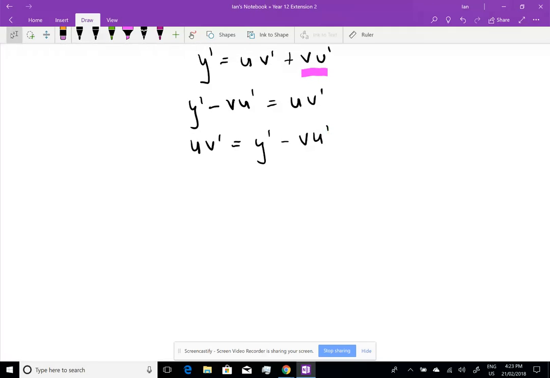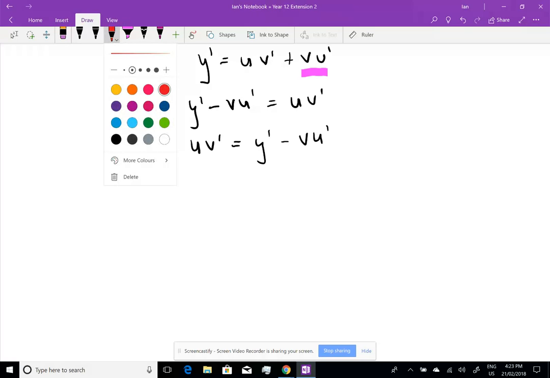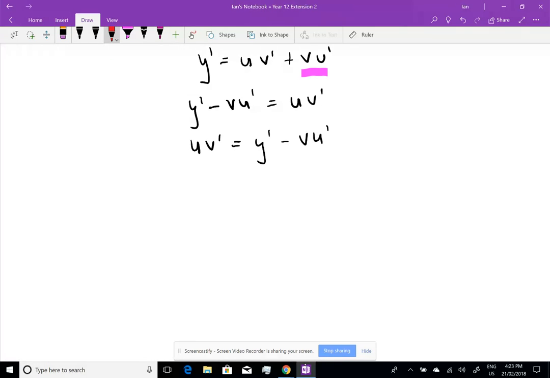Okay, well that's good, but I want to be able to integrate. So I can integrate, as long as I integrate both sides.